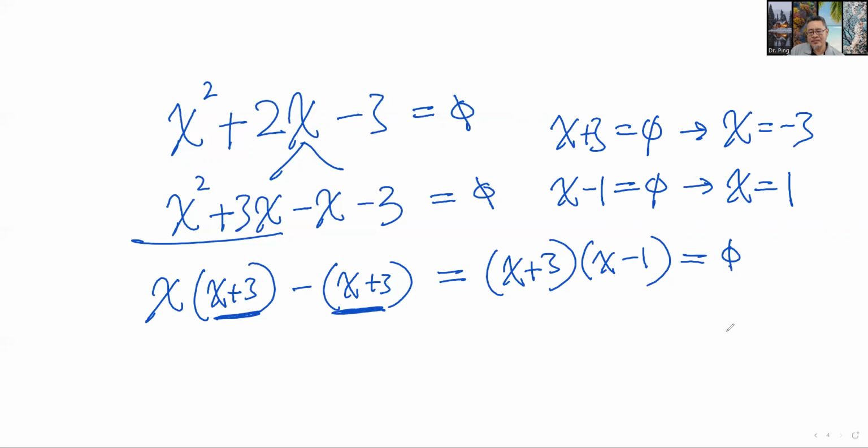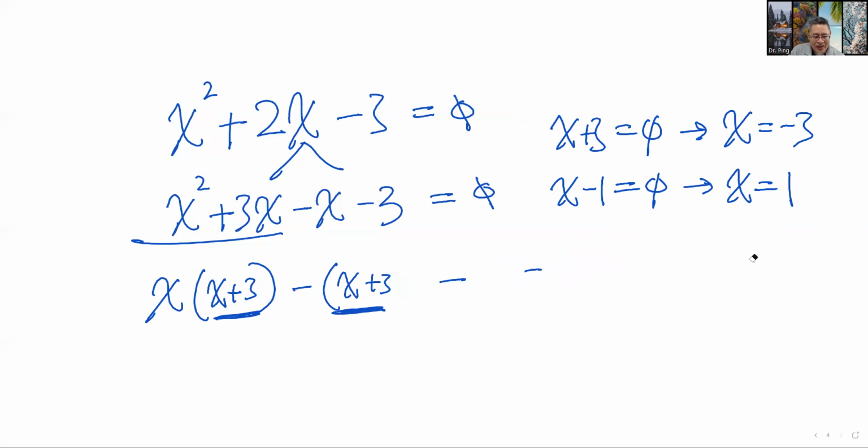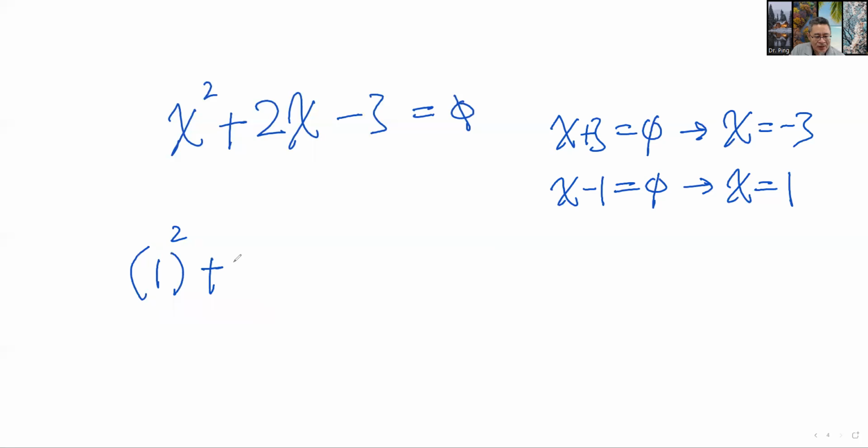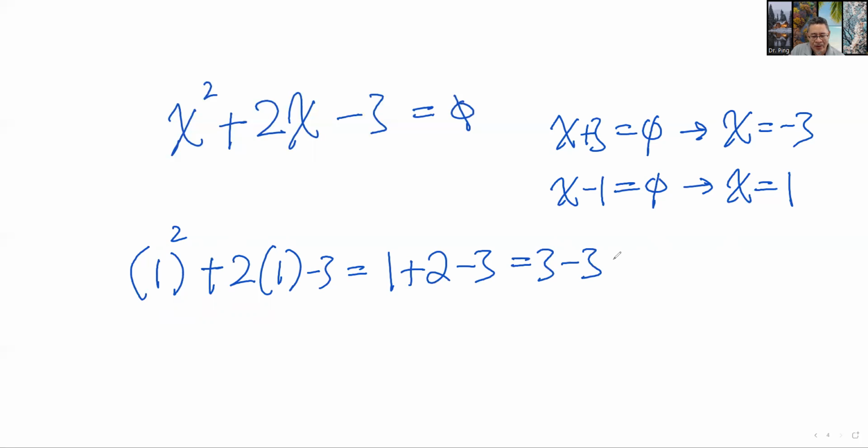Good? Now we're going to go back to check it. So x equal to 1: 1 squared plus 2 times 1 minus 3. We know it's 1 plus 2 minus 3. That's indeed 3 minus 3. That's 0.